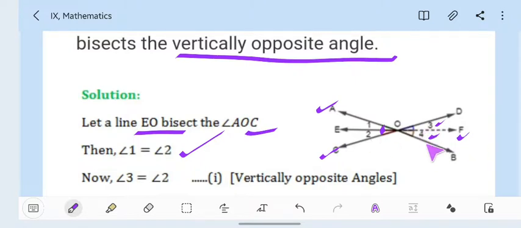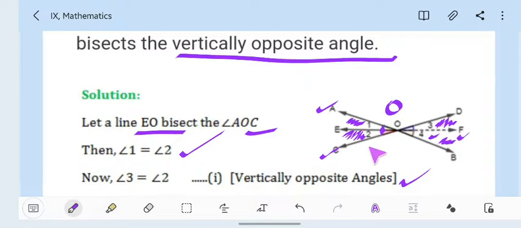If you look closer here, EF is again a straight line which is intersecting this at the same point O. So angle 2, this region, will be equal to angle 3, this region. The regions are vertically opposite angles. Similarly, angle 1 will be equal to angle 4. Here also we apply the same reason, that is vertically opposite angles.